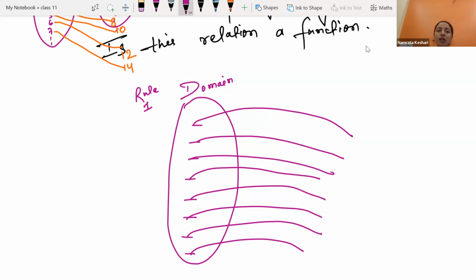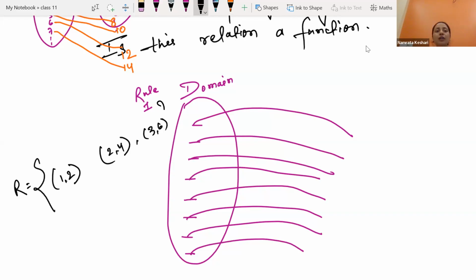Recall last class I was telling you domain means in a relation you will have a few ordered pairs, maybe 1 with 2, maybe 2 with 4, maybe 3 with 6. This way you have the ordered pairs, and domain is the set of all first elements. That means domain is just the first elements, 1, 2, 3, and that collection is called the domain set. In a function also we have the same domain concept.